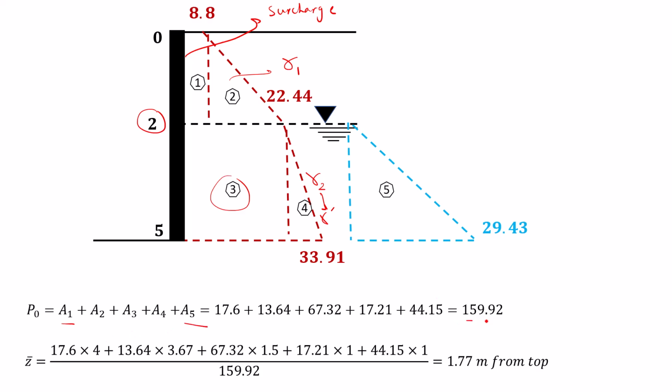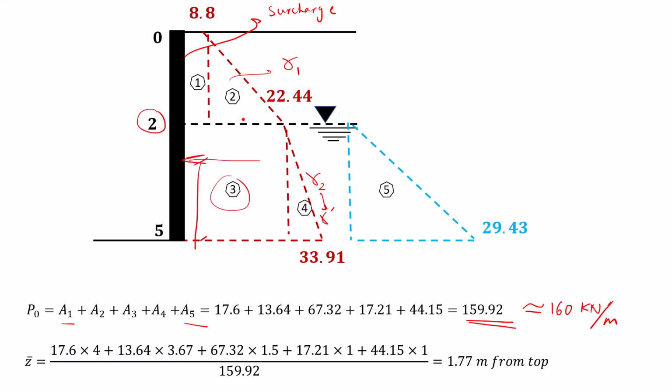If you do that, you're going to reach the value of 159.92, or approximately 160 kilonewton per meter, and because this is a plane strain problem, we define all of these in the unit length of the wall perpendicular to the surface of the problem you see here. And to find the resultant force from the bottom, Z bar would be the location of the resultant force from the bottom. It should be somewhere here.